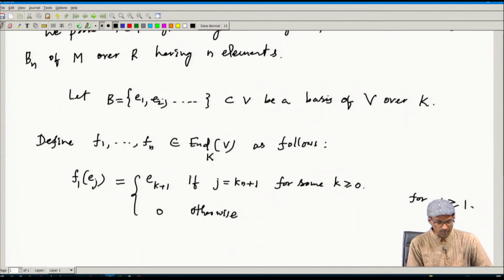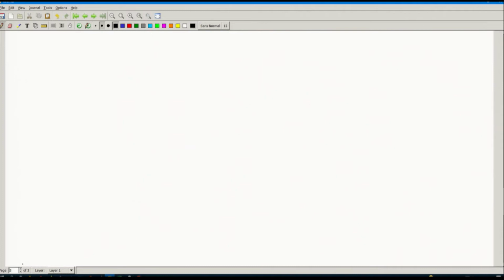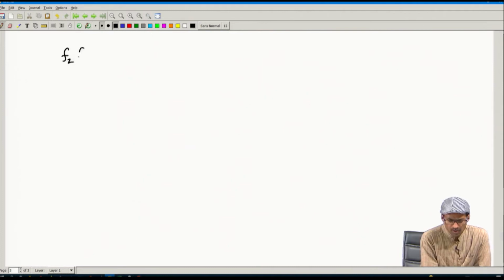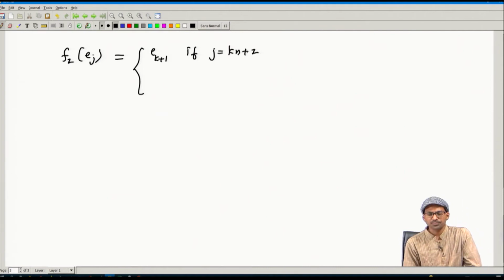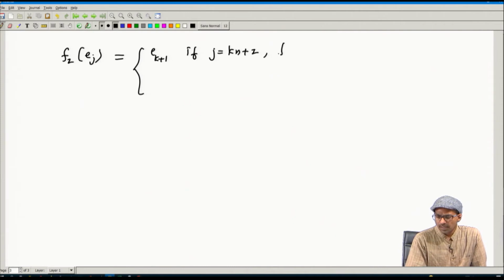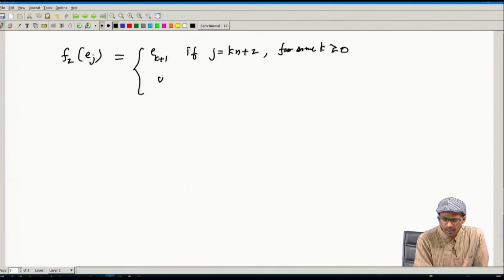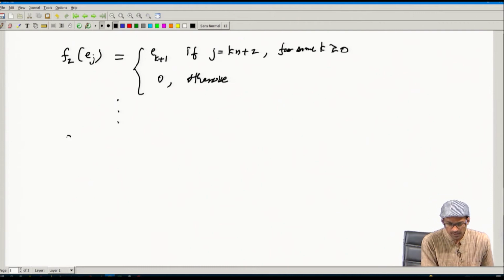Similarly, F2 of Ej is defined as E k plus 1 if j equals k n plus 2 for some k greater than or equal to 0, and 0 otherwise, and so on. So what will be Fn?